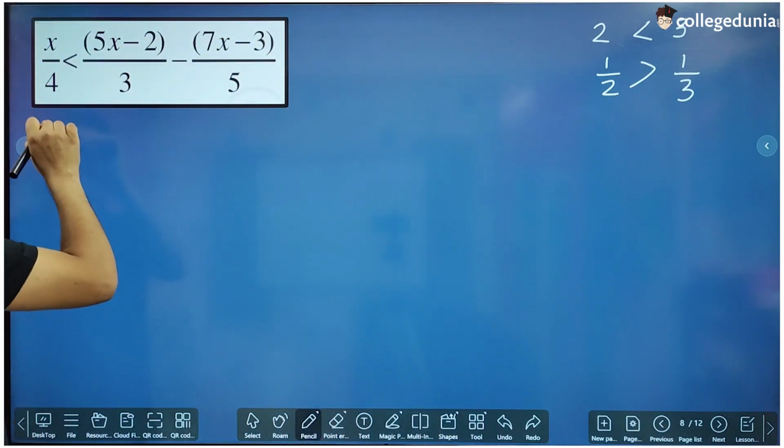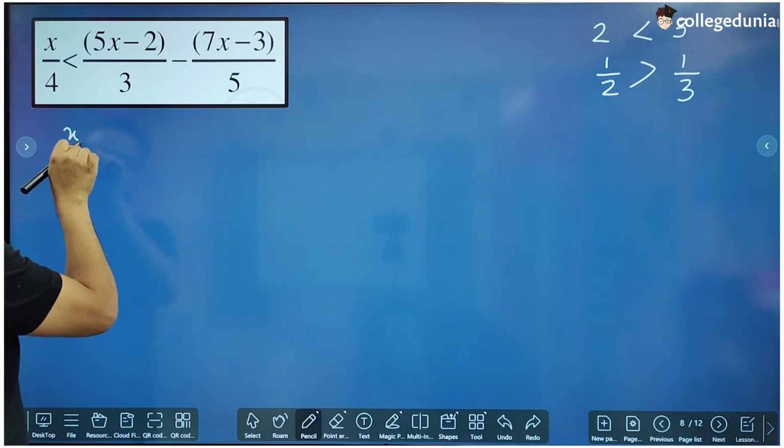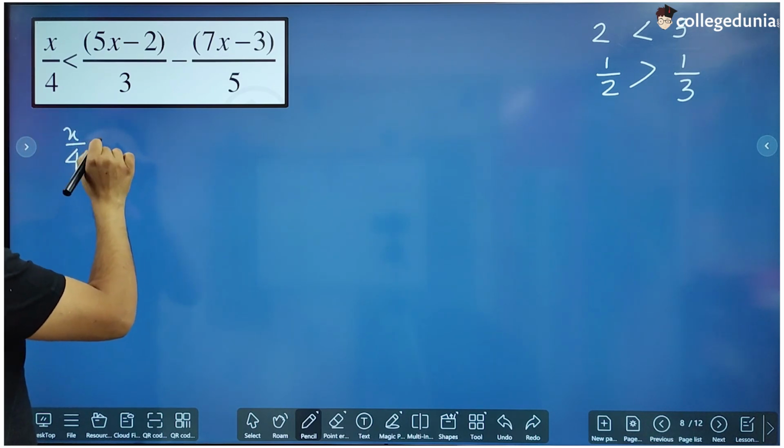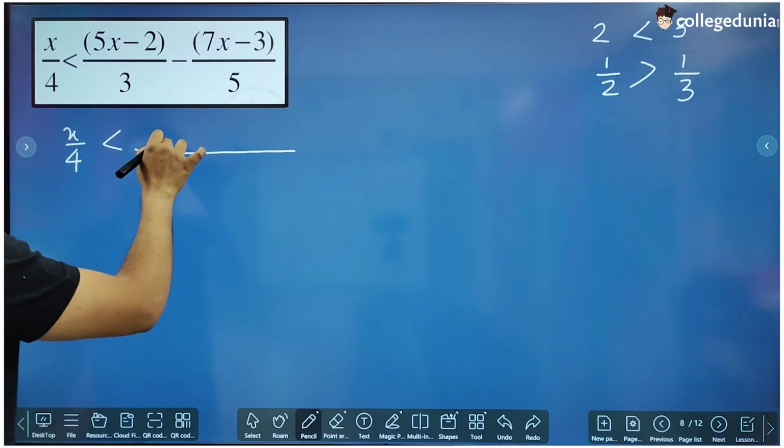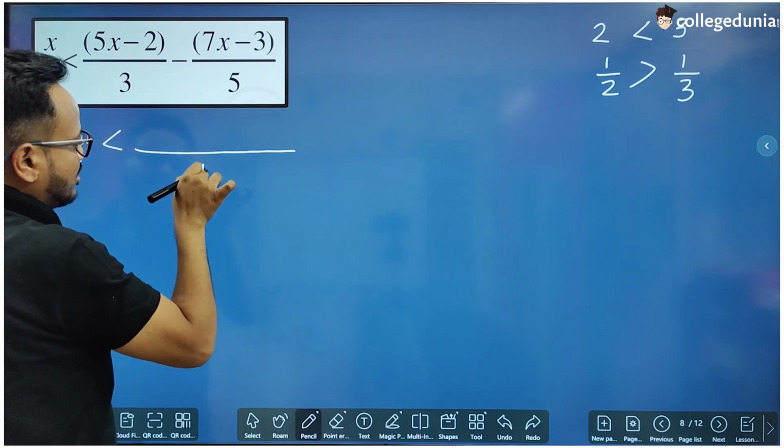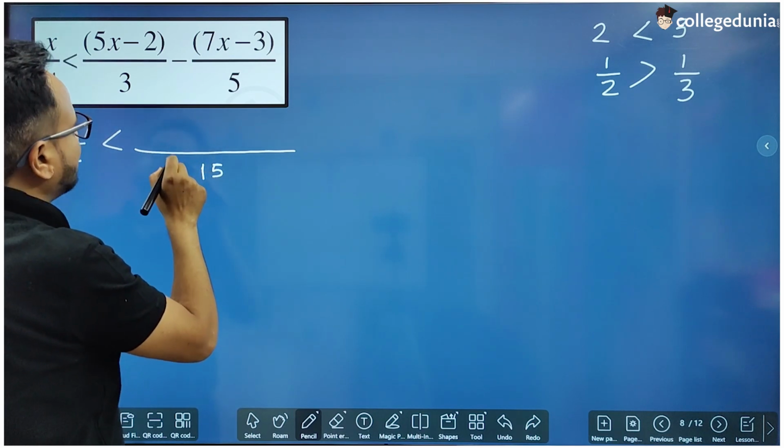Okay, now let's come to this. x by 4 less than, now take the LCM first. 3 into 5, LCM is 15.